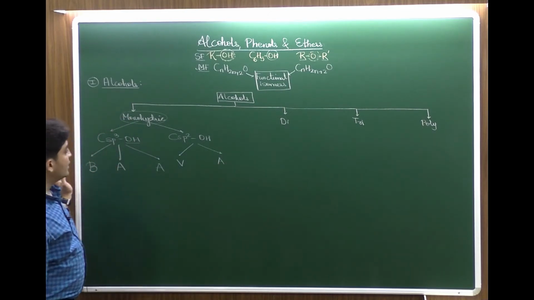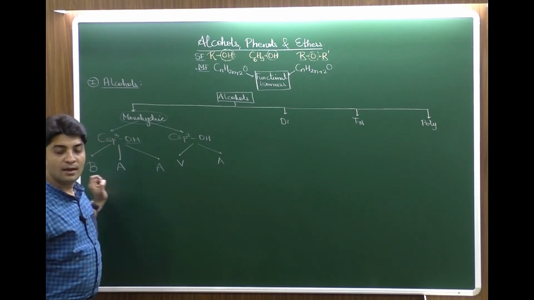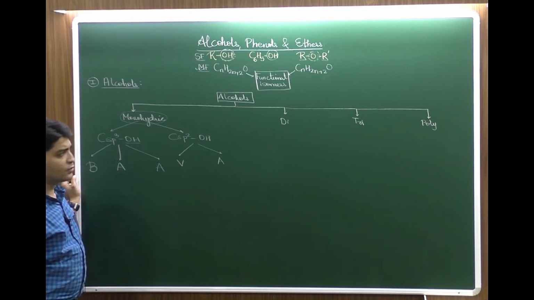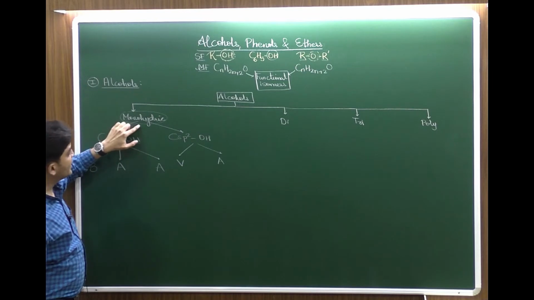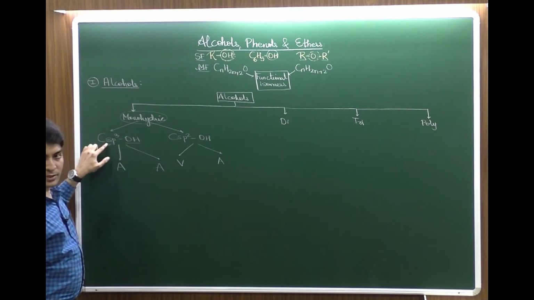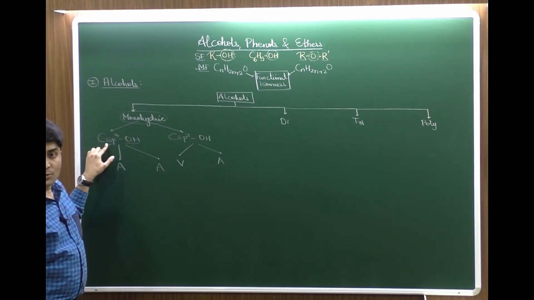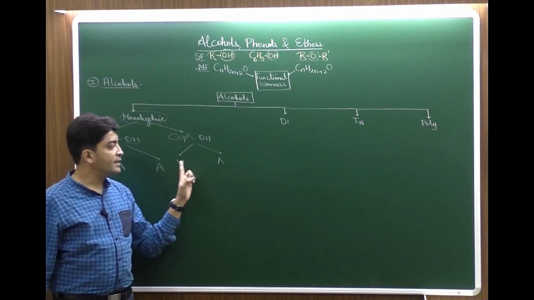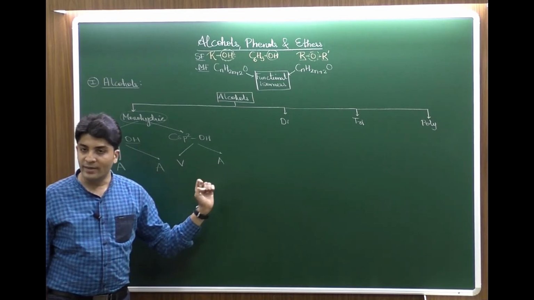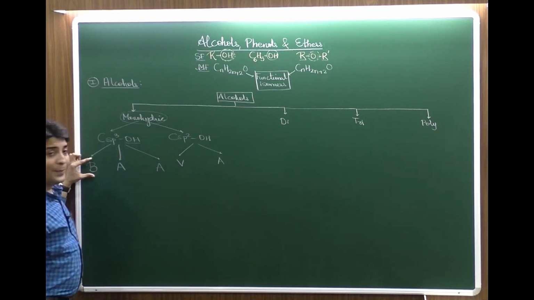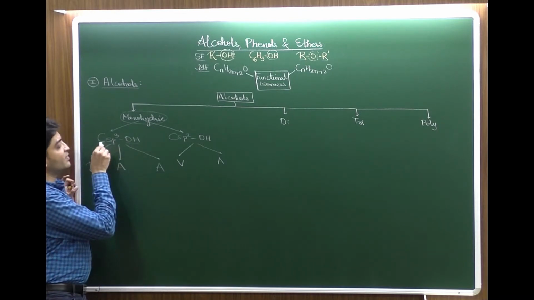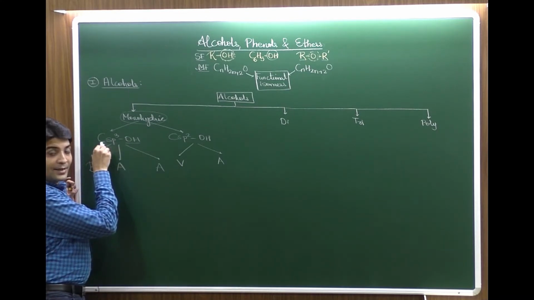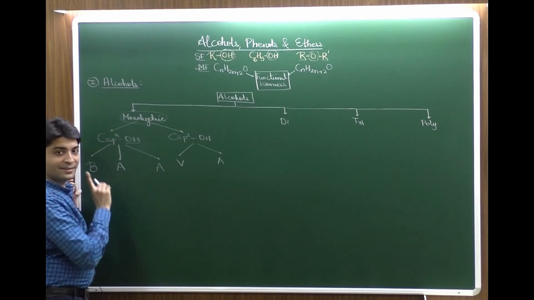So as a mnemonic, I say this is BA-WA. The moment I say classification depending on the hybridization, the mnemonic which should strike your mind is BA-WA. That's benzyl, allyl, alkyl, vinyl and aryl. Now let's go into the details of this. Benzylic are those compounds in which the OH is bonded to a single bonded carbon which in turn is bonded to a benzene ring.